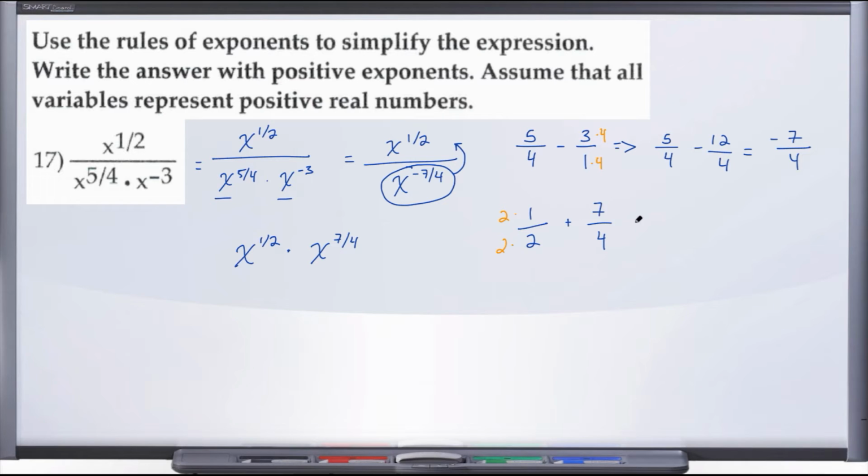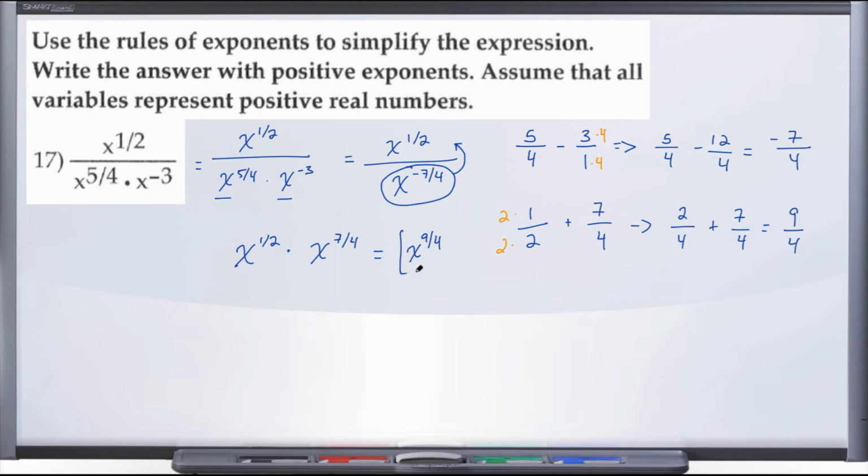And so really what we end up with here is 2/4, right? 2 times 1 is 2, 2 times 2 is 4, plus 7/4, which is going to give us 9/4. And so what we end up with as a final answer is x to the 9/4.